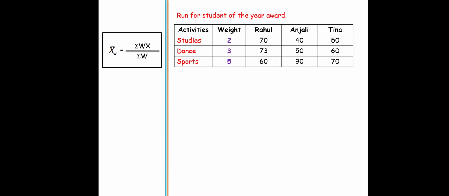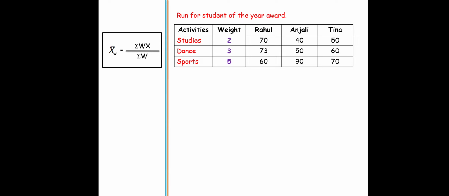Here you can see we have three students, Rahul, Anjali and Tina. The activities are studies, dance and sports. Studies is given a weightage of 2, dance is given a weightage of 3, and sports is given the maximum weightage of 5.